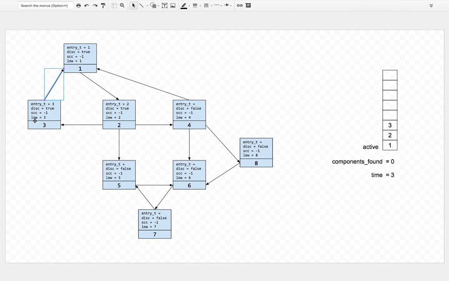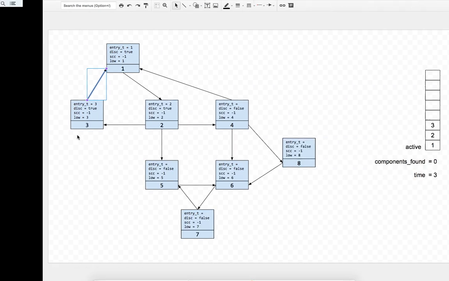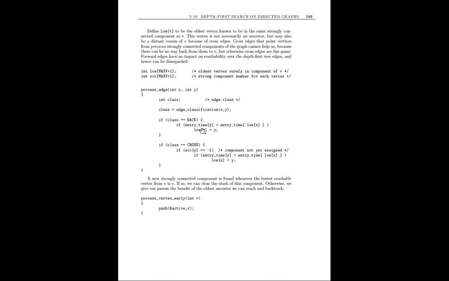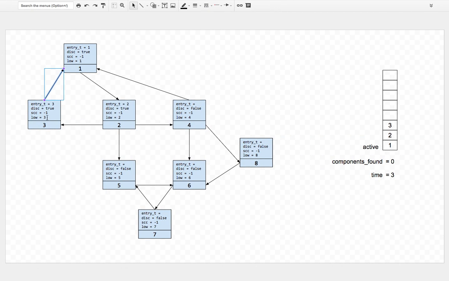Low is 3. So entry time for 3 is also 3, and the entry time for 1 is less than 3. When this happens, we assign low of x to be equal to y. So low of our starting vertex is now set equal to the label of our ending vertex, which is 1.